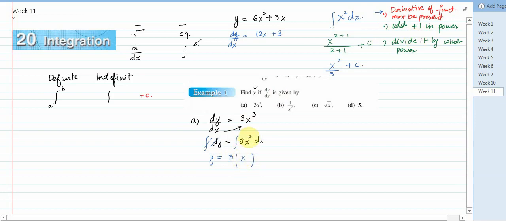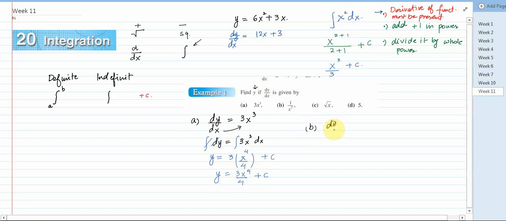So currently the power is 3, it will be add 1, that means it's 4, divided by total power, it's 4, and the constant c, because it's an indefinite integral. So now it will be 3x power 4 divided by 4 plus c, and that is the value of y. Alright, so the steps are quite simple, that you need to add 1 in the power and then divide it by whole power. Moving on to the next part, B.